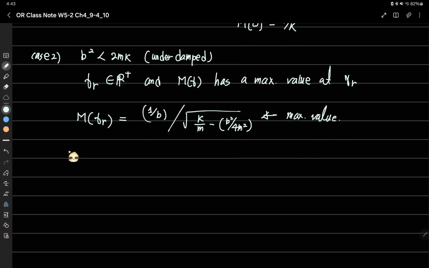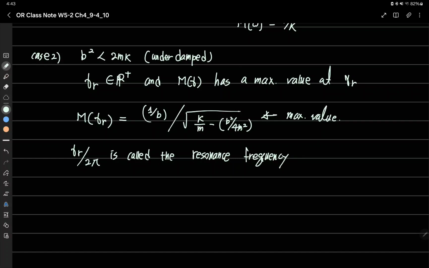Okay, so then gamma sub r over 2 pi is called the resonance frequency for the system.